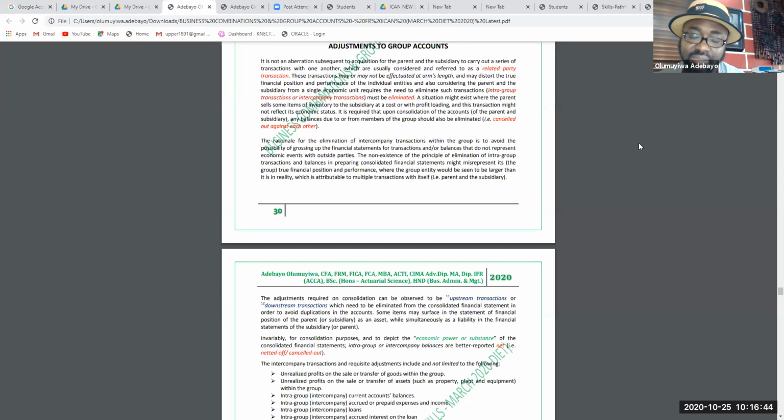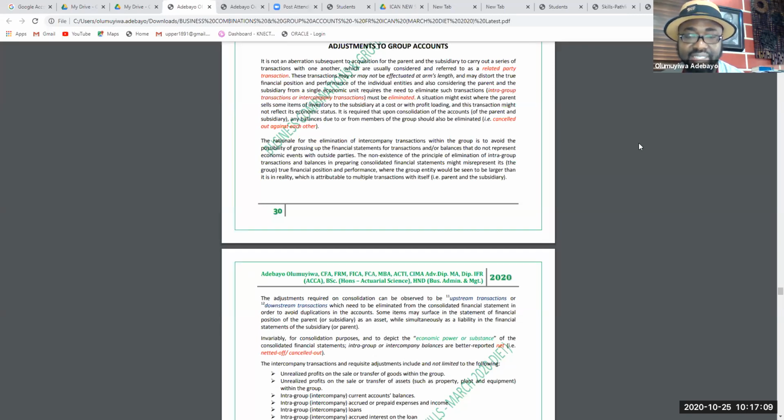But again, you must still remember that "as if they are one" is to say that anything done by both of them is seen to be accruable to the family. Likewise, in a group, you must still understand that from the legal structure, the parent is a separate legal entity.